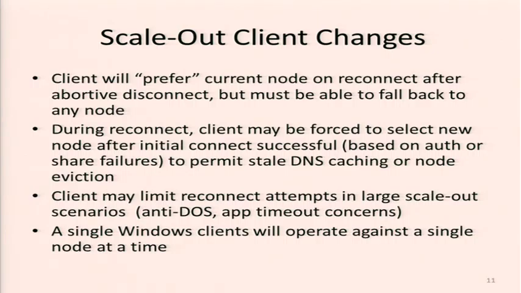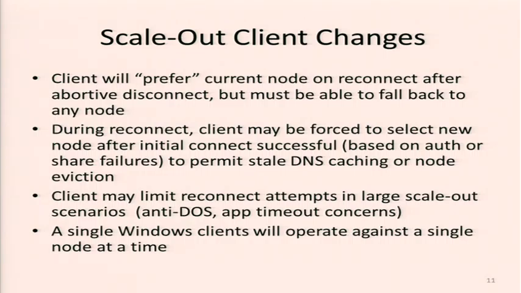So a client, the client will prefer the current node on a reconnect. So if I get a disconnect, I'll connect back to the same server, but I must be able to fail to any of the nodes in the scale-out configuration.